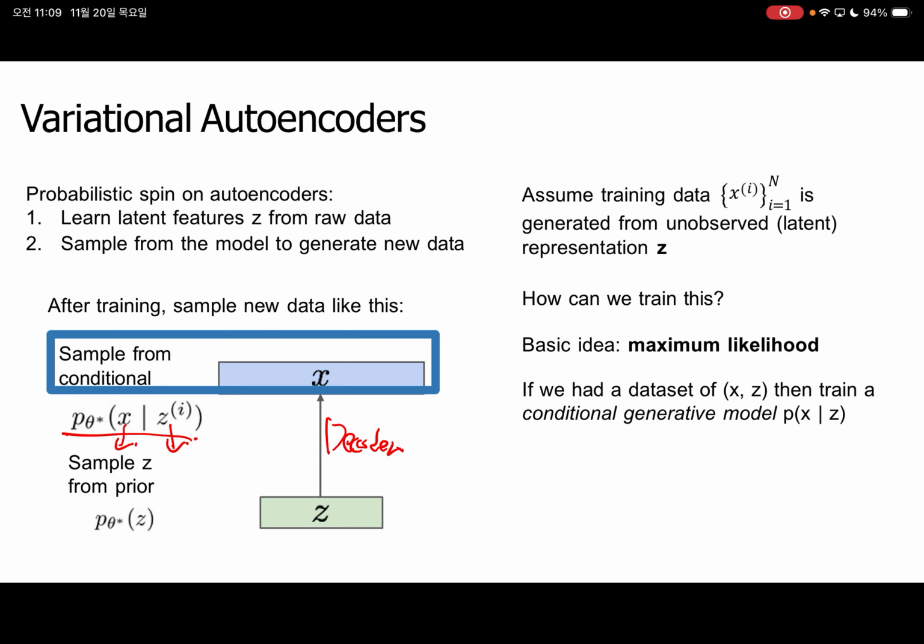All we want to maximize is this: given the latent feature Z of some image, the probability conditioned on latent Z should be highest at the point of image X. That is what we want, right? So we would like to maximize this likelihood, and that is basically maximum likelihood when training the decoder. If we had a dataset of X and Z, then we could train conditional generative models of X given Z.